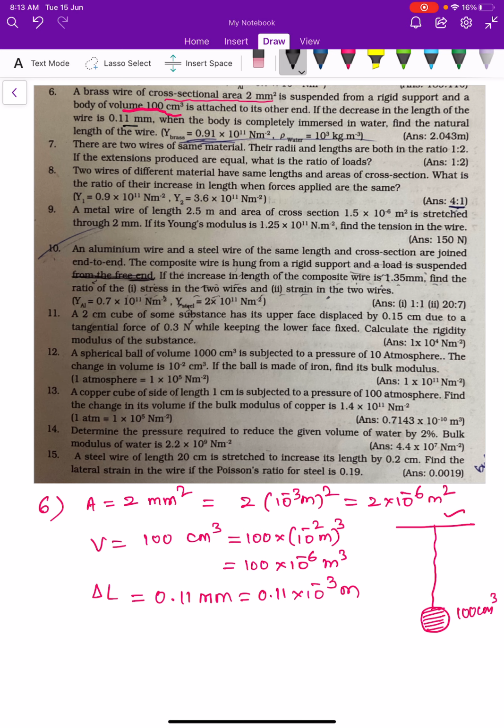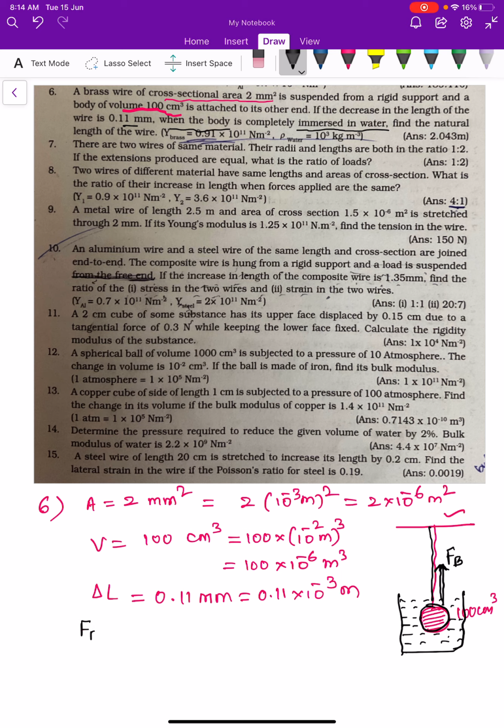Now when the body is completely immersed in water, there is an upward buoyancy force. Because of that upward buoyancy force, there is a decrease in length. The buoyancy force exerted by fluid on the object is equal to the weight of the displaced fluid. As this buoyancy force acts upwards, there is a decrease in length of the wire.